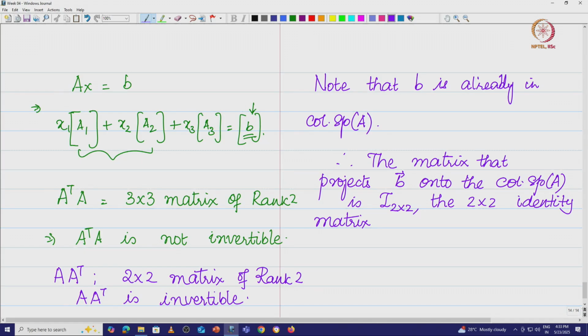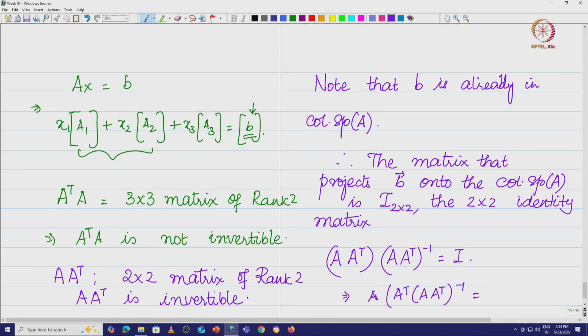Now, we know that A A transpose is invertible, therefore A A transpose inverse exists. Therefore, we have A A transpose into A A transpose the whole inverse is equal to the identity matrix, and this identity matrix is basically the matrix which projects. This is exactly what we had in the previous case.